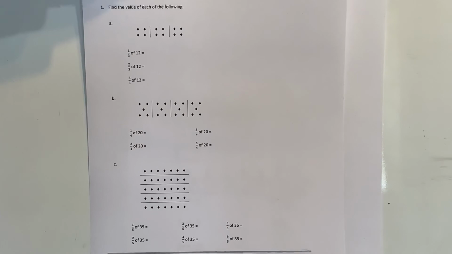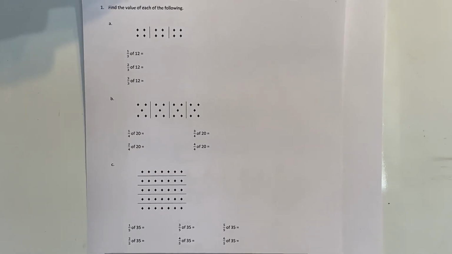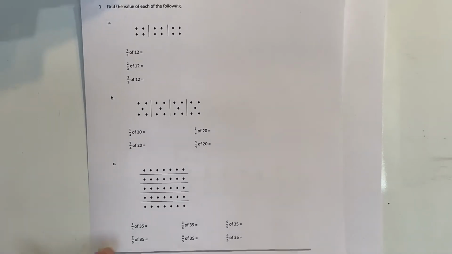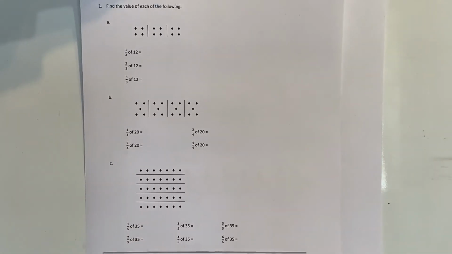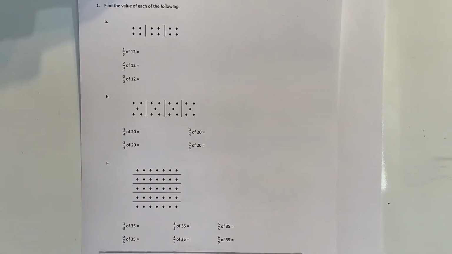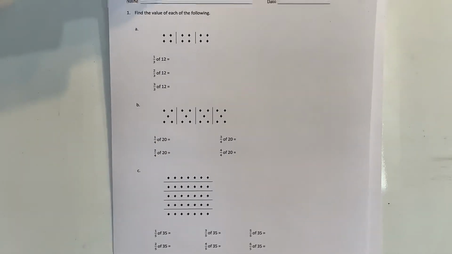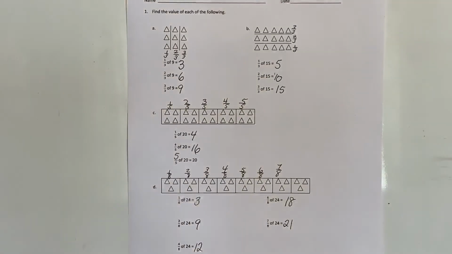You can use your counters at home. You can get those out. Now you'll need 35 counters in order to do these. And you'll need your dividers too. So I want you to go ahead and work on this and bring this back tomorrow. We'll go over it, and then I will have an exit ticket for you tomorrow. All right?